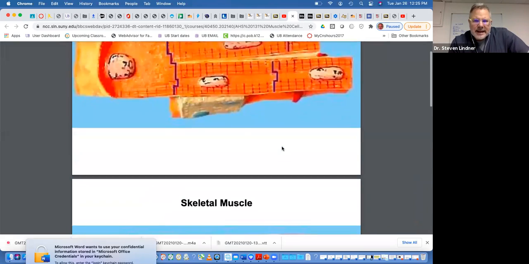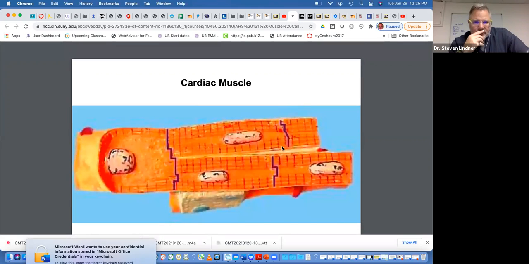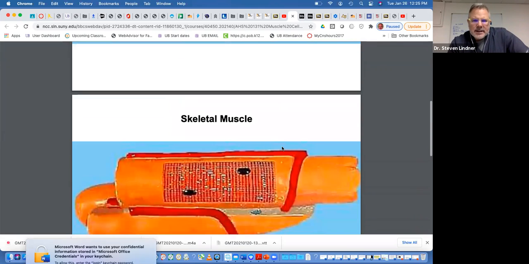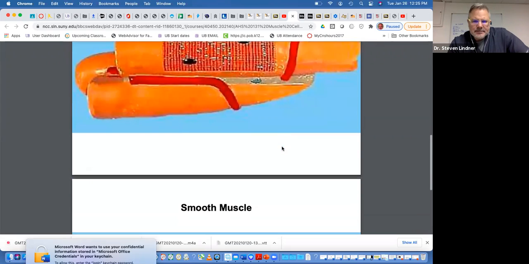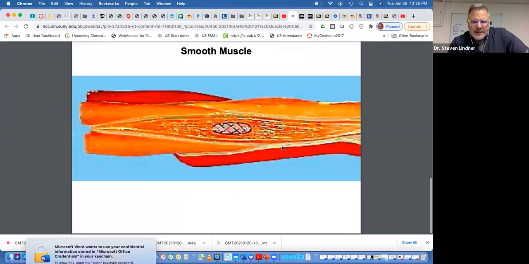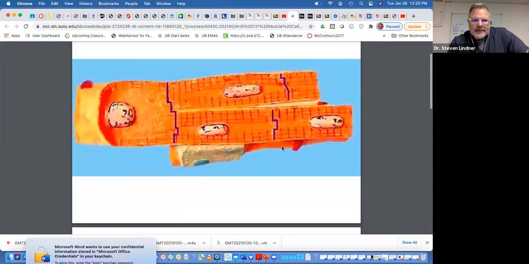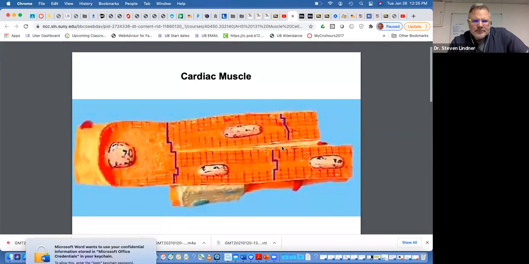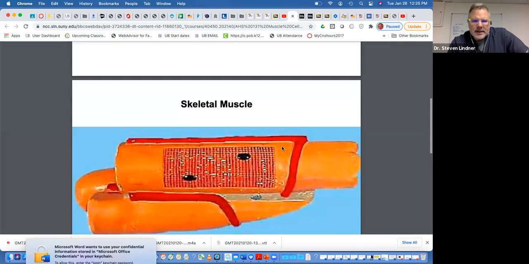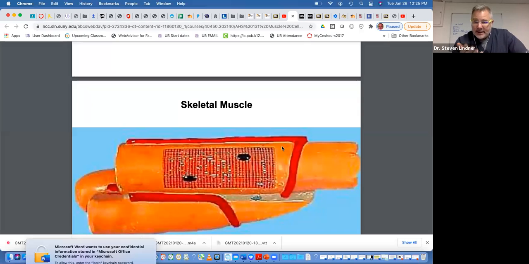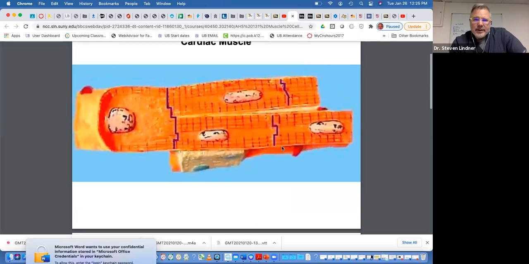There's only 3 types of muscle: cardiac muscle, skeletal muscle, and smooth muscle. Cardiac muscle and skeletal muscle are both striated in appearance. If we look here, we can see a bunch of linear striations, a bunch of lines.